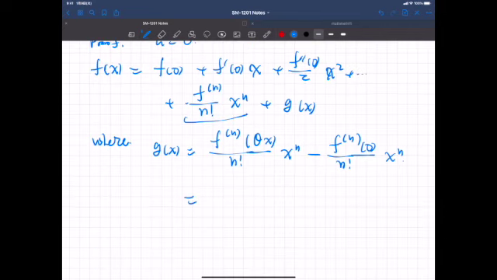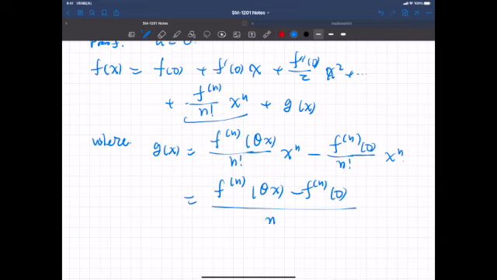Okay, so just factorize them. We have f^n of theta x minus f^n of 0 over n factorial, times x to the power of n.